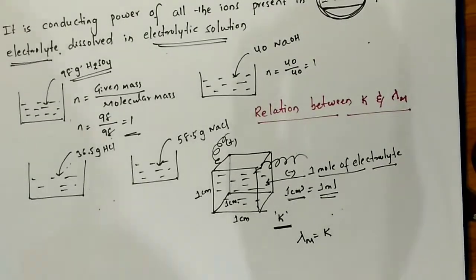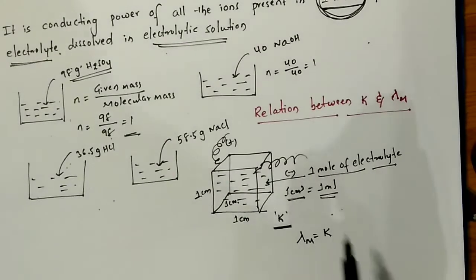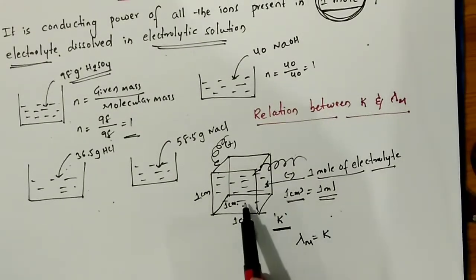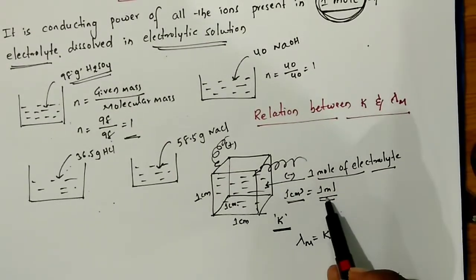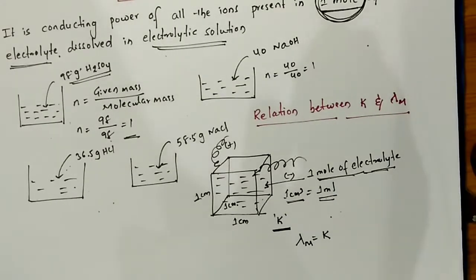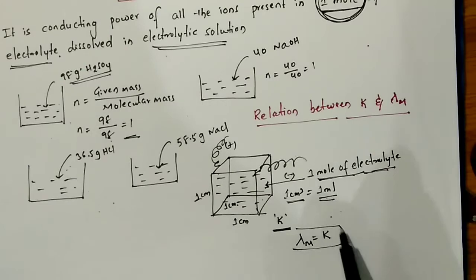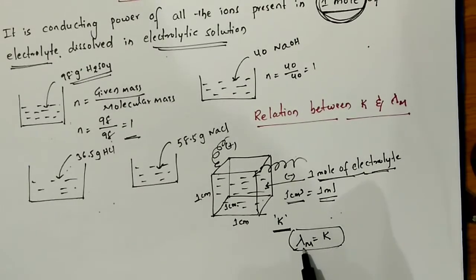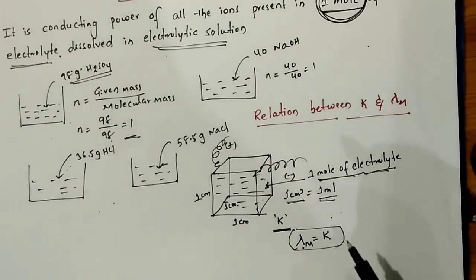When 1 ml of electrolytic solution has 1 mole of electrolyte, then both are the same. Molar conductance and specific conductance are both the same.